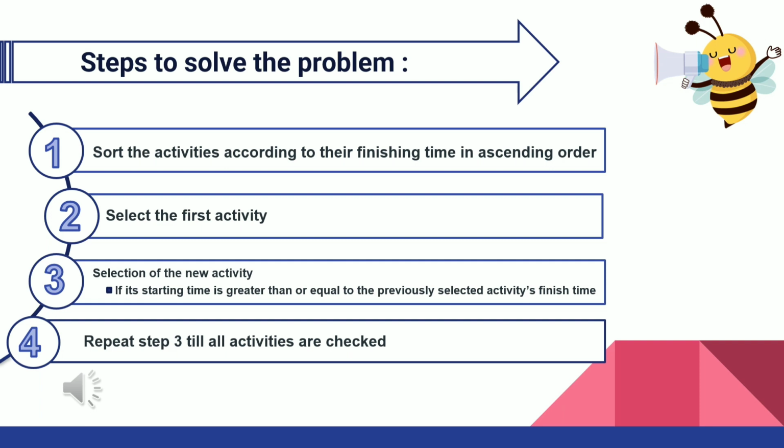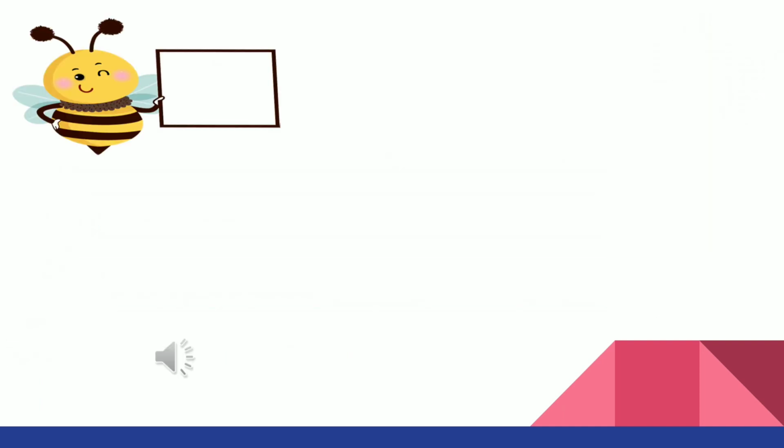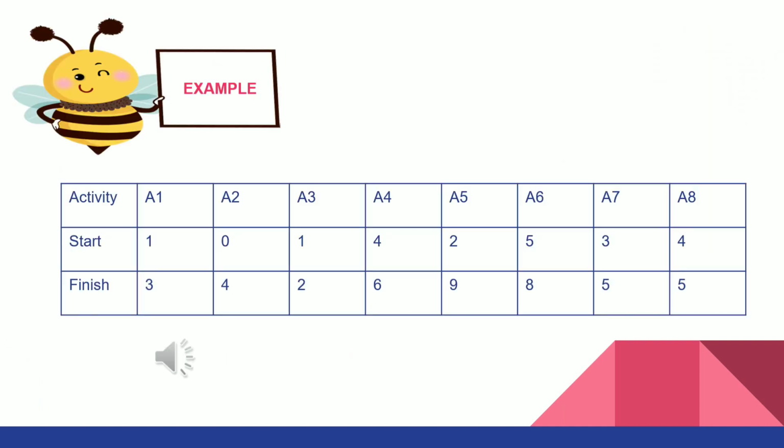By repeating step 3 until all the activities are checked, the activity selection problem can be solved. Let's try to trace the steps of the above algorithm using an example. In the table below, we have 8 activities with corresponding start and end times. The objective is to compute an execution schedule having the maximum number of non-conflicting activities.